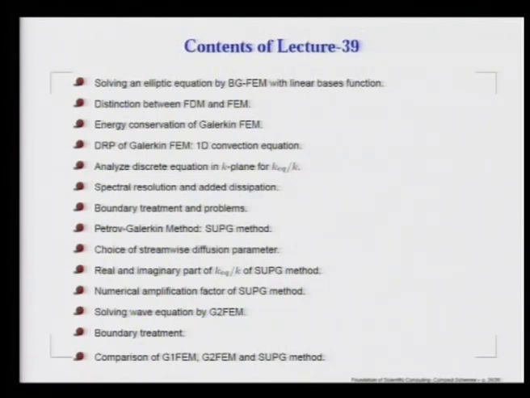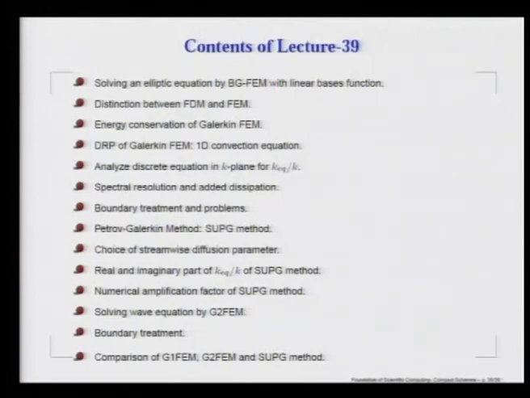However, near the boundary we will have to have one-sided elements, and that essentially leads to exactly similar problems that we faced in the compact schemes, and this has been variously attempted in various versions of Petrov-Galerkin method. SUPG, or streamline upwind Petrov-Galerkin method of Hughes and his colleagues, falls in this category.